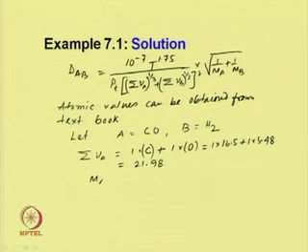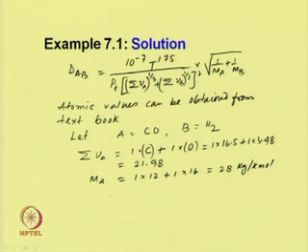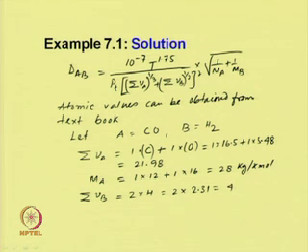The molecular weight of carbon monoxide, M_A, would be 1 into 12 plus 1 into 16, which is 28 kg per kmole. Similarly, the molecular volume V_B would be 2 into hydrogen, 2 into 2.31, which is 4.62, and M_B is 2 into 1, equal to 2 kg per kmole.